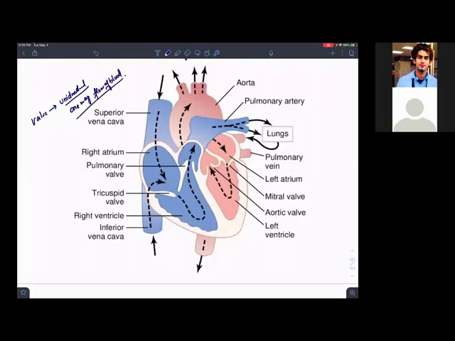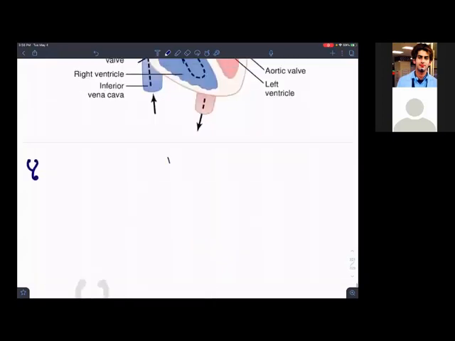Now we have four valves in the heart. We have atrioventricular valves, which are the tricuspid and mitral valves, and we have semilunar valves.